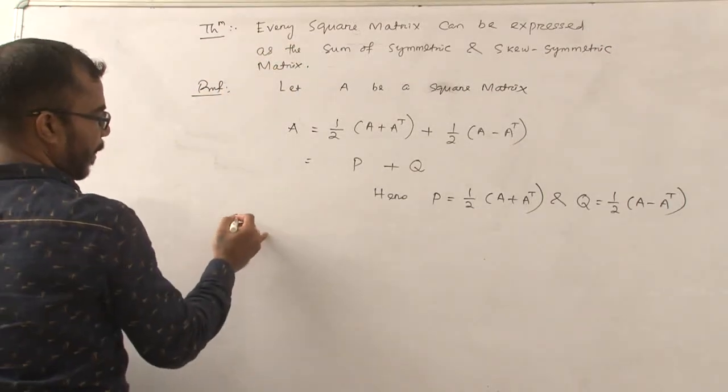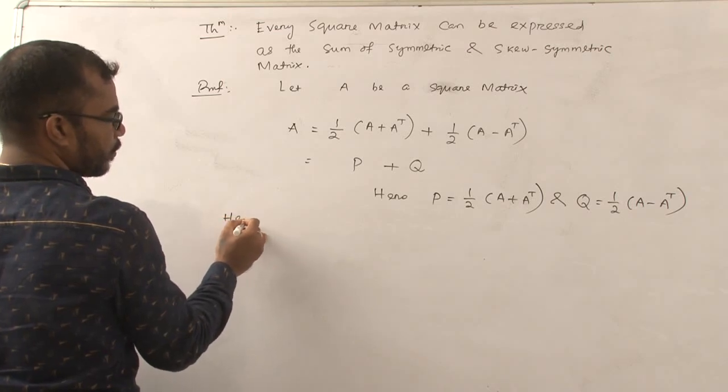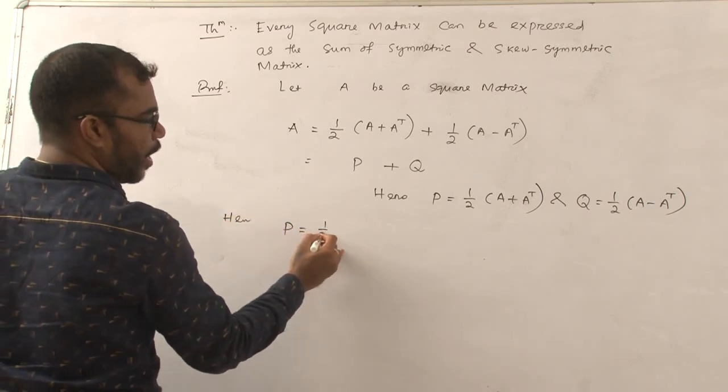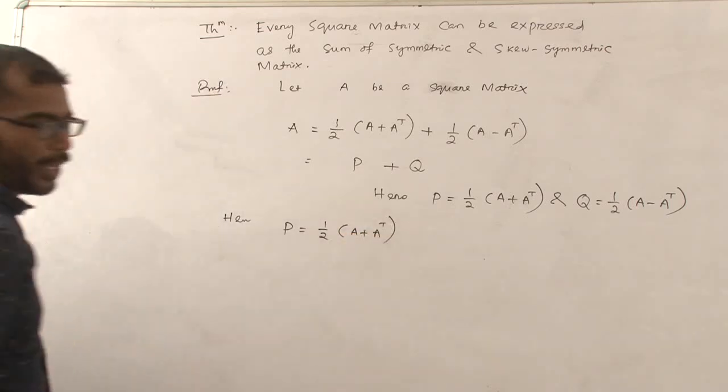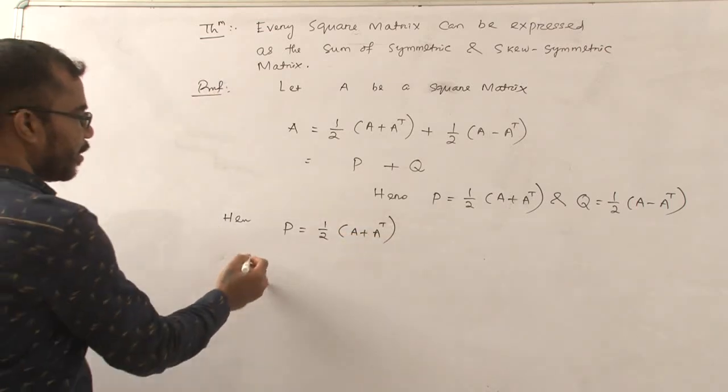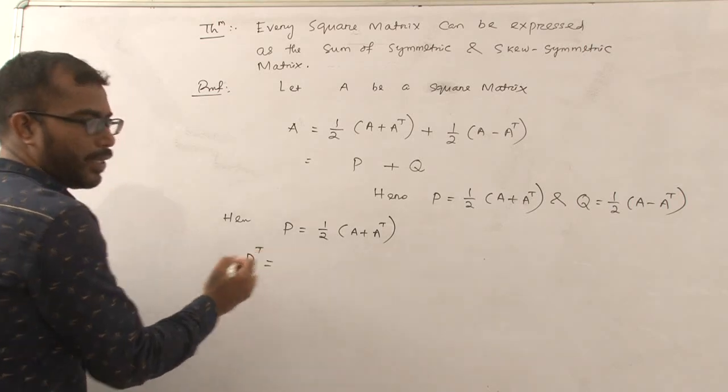Now we check them. Here P is half of A plus transpose of A. Now we take the transpose of P.